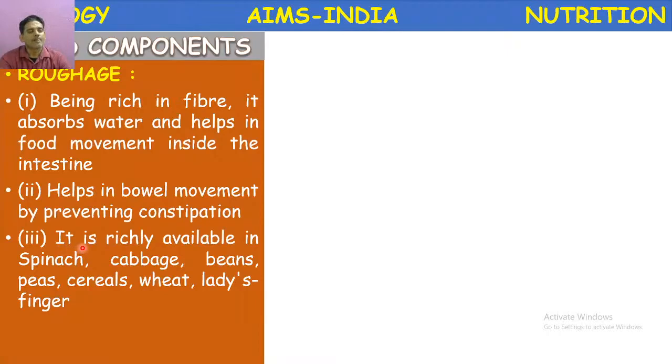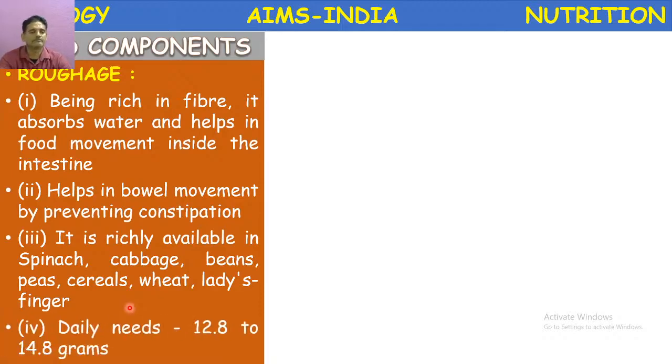Next, it is richly available in beans, peas, cereals, wheat, lady's finger. These are all the food materials which are rich in roughage, or we can say it is available richly in the fresh green leafy vegetables.